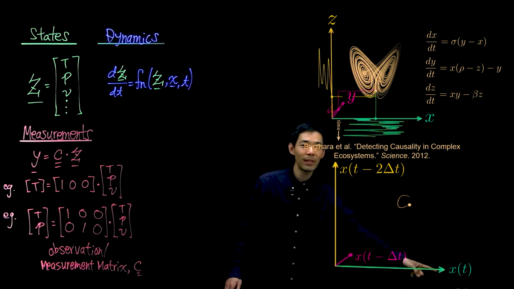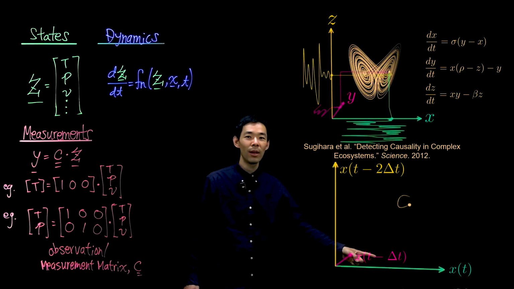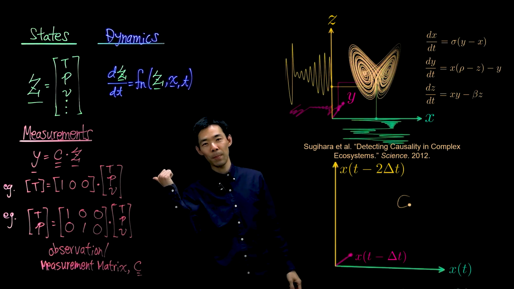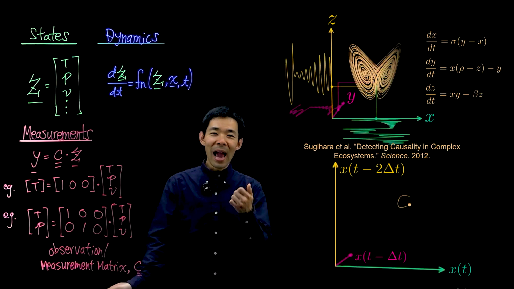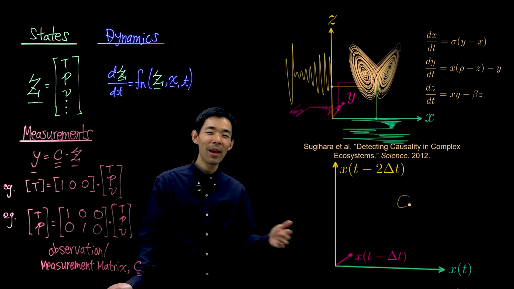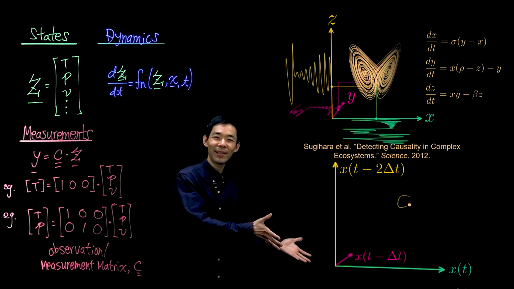So you take one measurement of x at the current time, you take another measurement of x one time step ago and two time steps ago. So now the x embedded over two time histories becomes your new space.